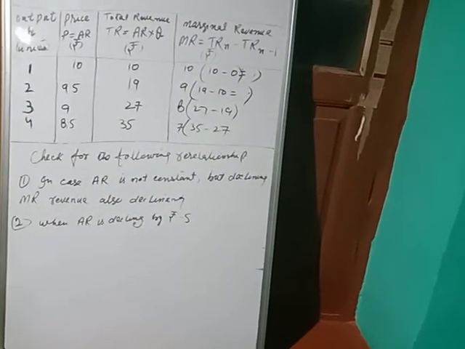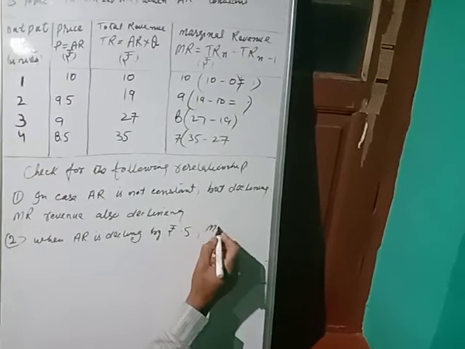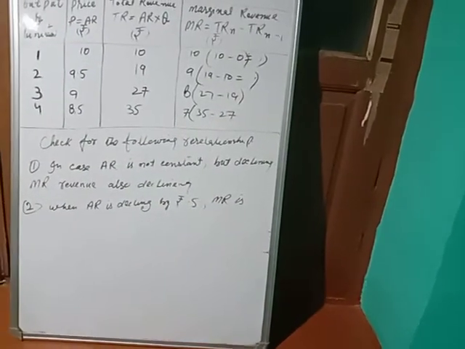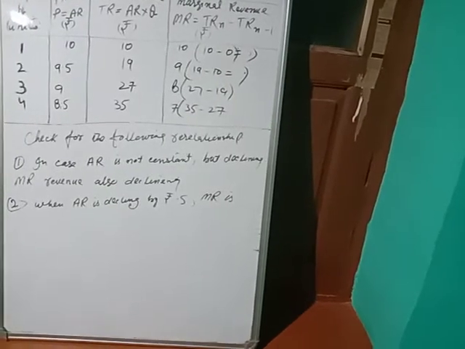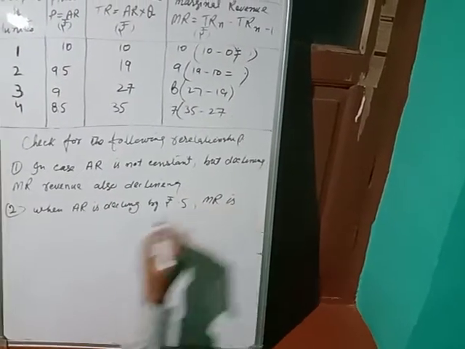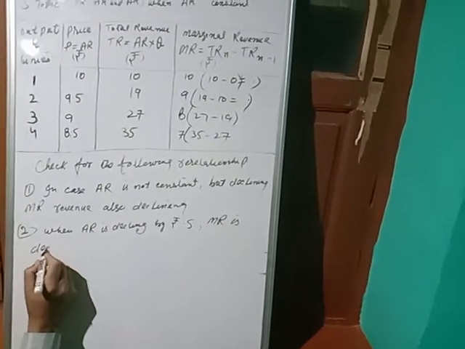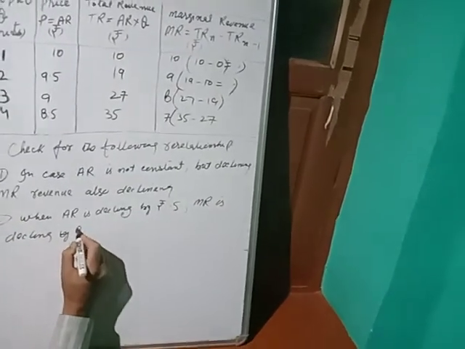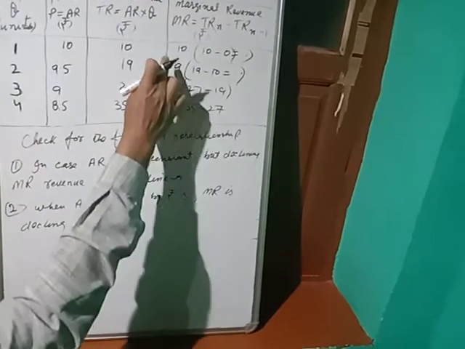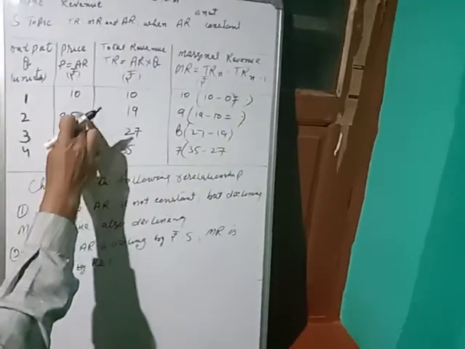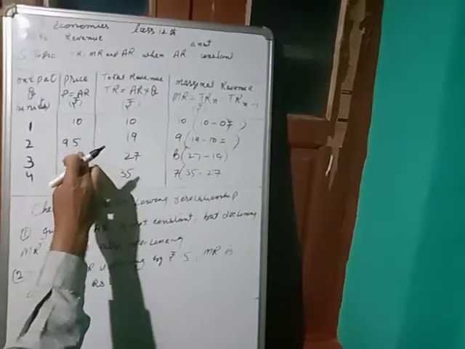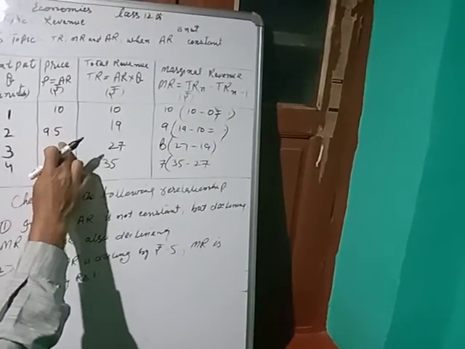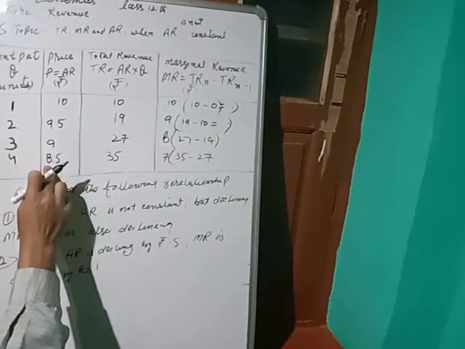AR is declining by 0.5, and MR is declining by rupees 1. Here you can see that the rate of decline in AR is 0.5 from 10 to 9.5, then 9, 8.5.